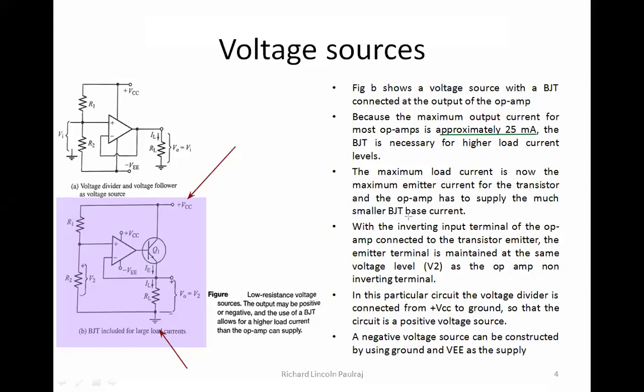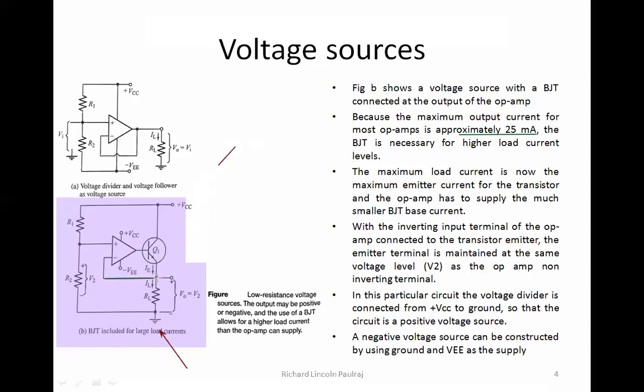So that's the supply. With the inverting input terminal of the op-amp connected to the transistor emitter. So you can see that here, right? You have this minus terminal, which is connected here.